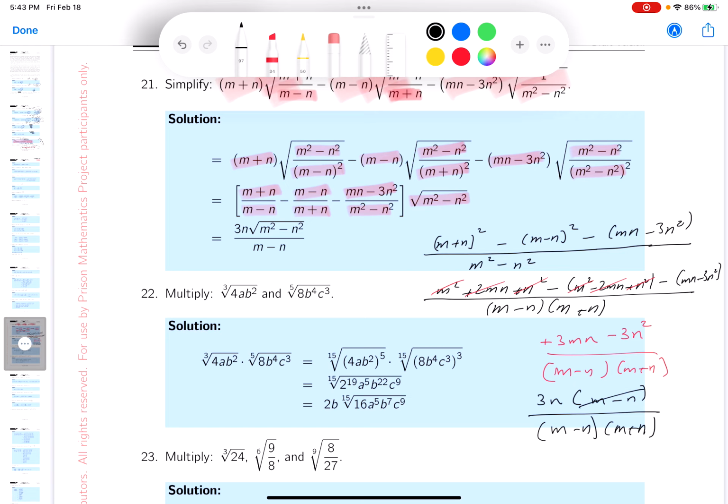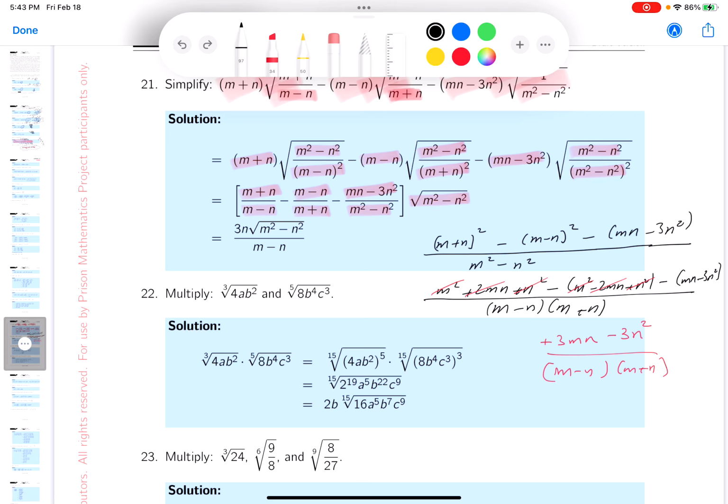And again, we're just walking through it. What are you left off with? Well, you're left with 3n over m plus n. Oh, you know what? I made a mistake. I just see that, and I've got to correct it. And this is going to be plus. Sorry about that. Let me back up.